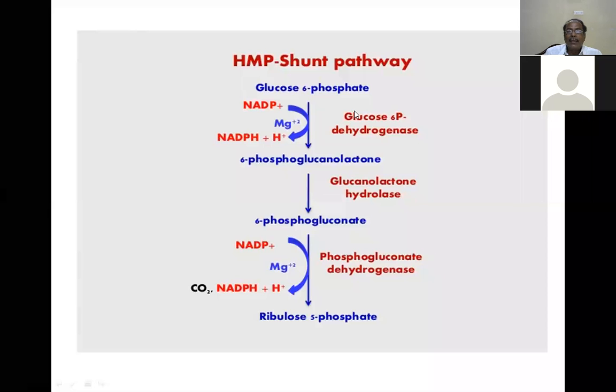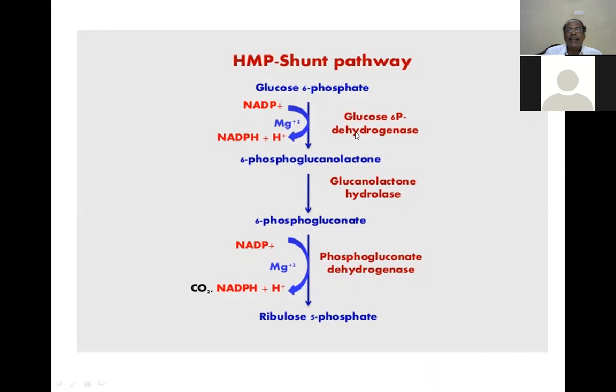is by the participation of the glucose 6-phosphate dehydrogenase enzyme, which is very, very important. This is popularly called by the physicians G6PD deficiency hemolytic anemia.